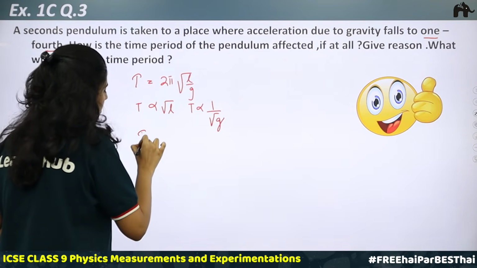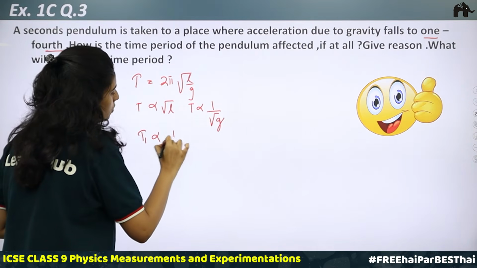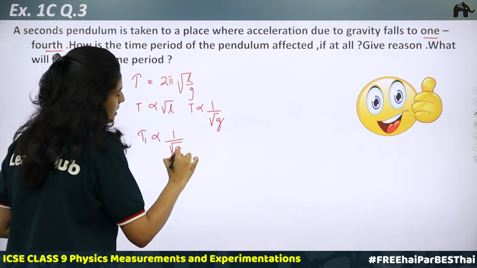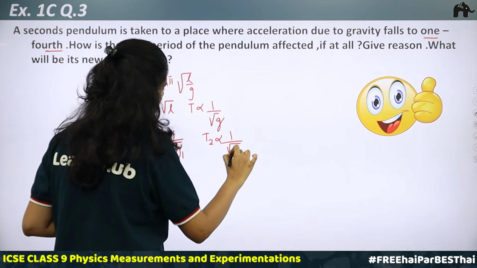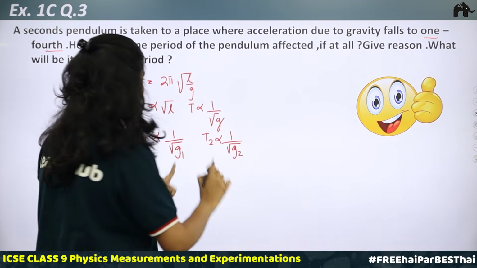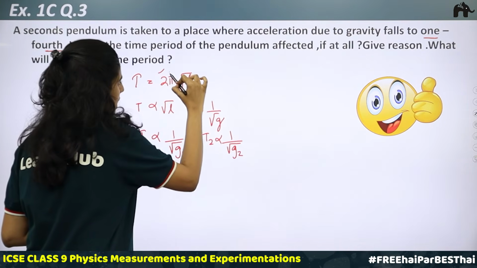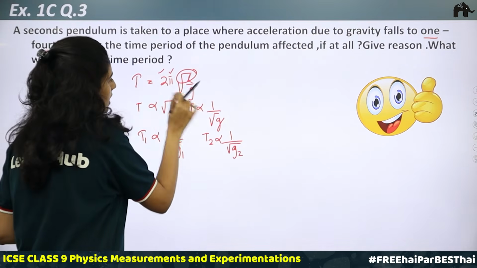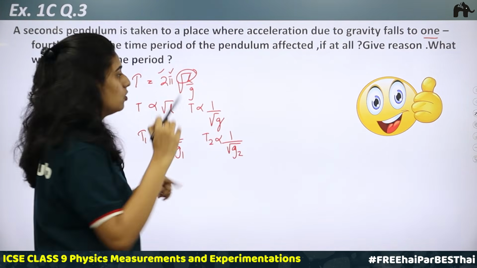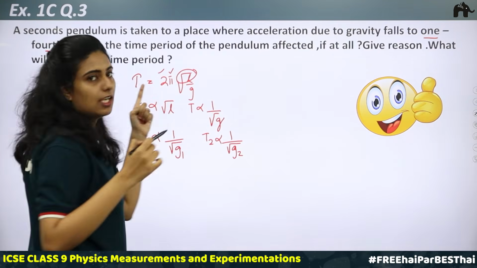So T1 is directly proportional to 1 by root g1 and T2 is directly proportional to 1 by root g2. Why? Because 2 is a constant, pi is a constant and root L is a constant. So if there is a change in g, only then can we bring a change to the time period.